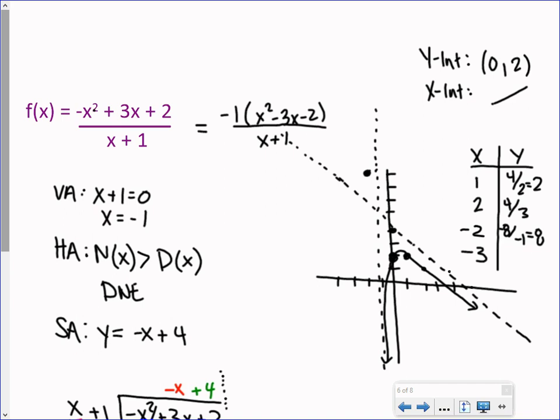And then I'll do -3. -3 squared is 9. That's really -9. -9 minus 9 is -18. Plus 2 is -16. And then -3 plus 1 is -2. So that's also 8.